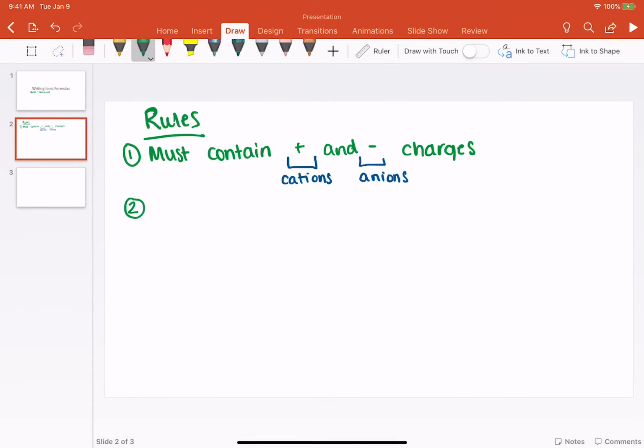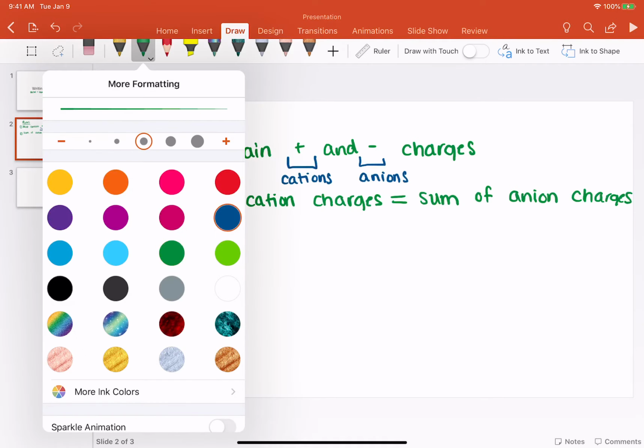Rule number 2 is that the sum of the cation charges has to equal the sum of the anion charges. And what this really does is when those charges are equal, we end up with a neutral compound.